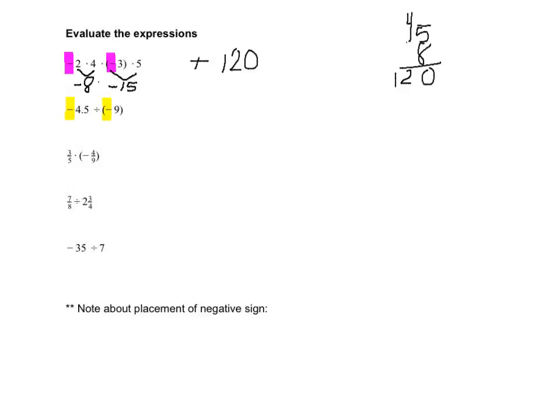Let's look at the next one. Once again, I see two negative signs. That means that my final answer is going to be positive. This is a division, so don't get thrown off by that. Here's a reminder. When dividing, you can temporarily ignore that decimal.